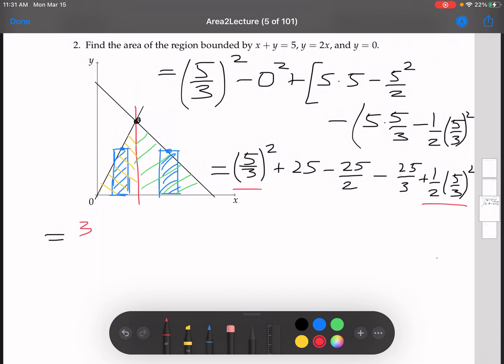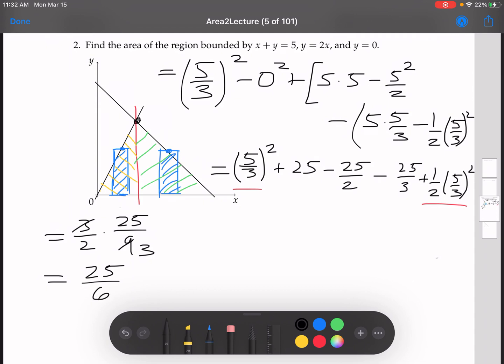So we have 3/2 times 5/3 squared, which is 25 over 9 times 3/2, so that's 25 over 6.